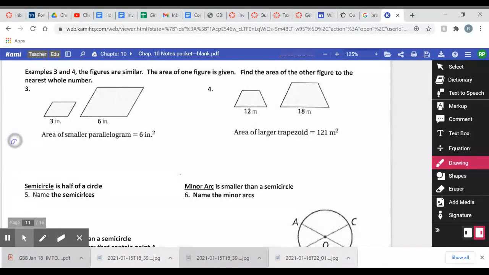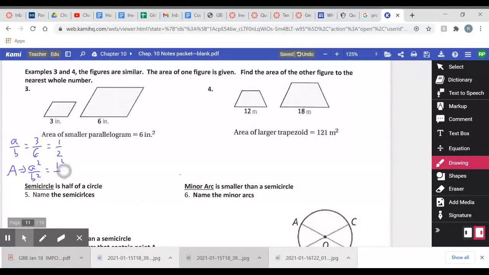We know that the scale factor is a over b, which is 3 over 6, which I can reduce down to 1 over 2. Okay, so I know that the ratio of the areas then is a squared over b squared, which again, I can square the 3 and the 6, or I can square the reduced down version, which is the 1 and the 2. Either way is fine.